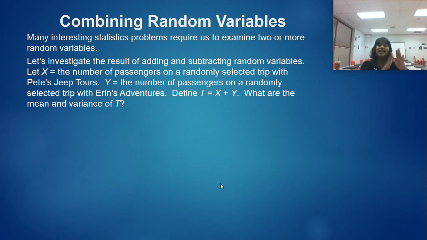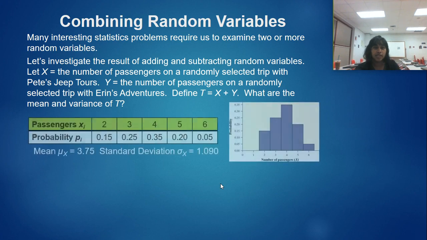We have defined X as Pete and Y as Aaron, and we've defined T as the addition of X and Y. So we're talking about combining random variables, and that T value is going to be our total number of passengers, because X was the number of passengers from Pete, Y is the number of passengers from Aaron, so T is going to be our total. We want to know the mean and the variance of T. Not X, not Y individually, but T, what happens with the total.